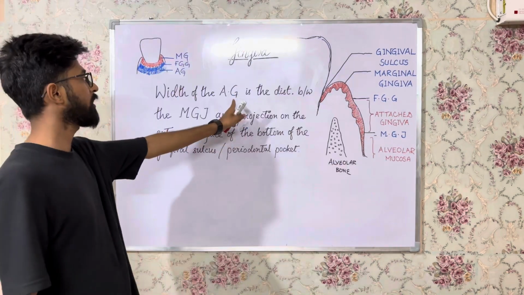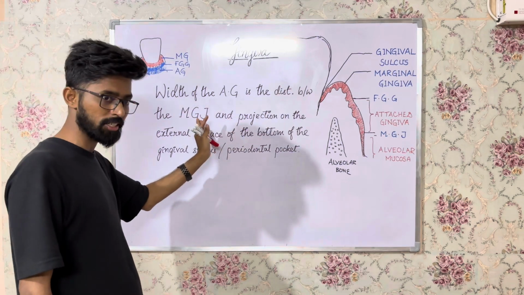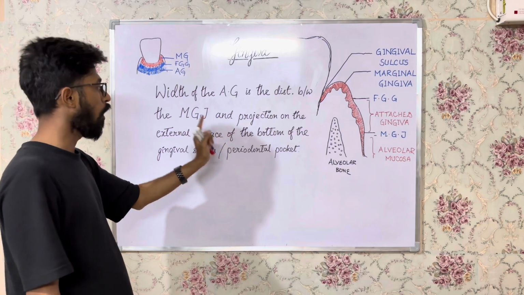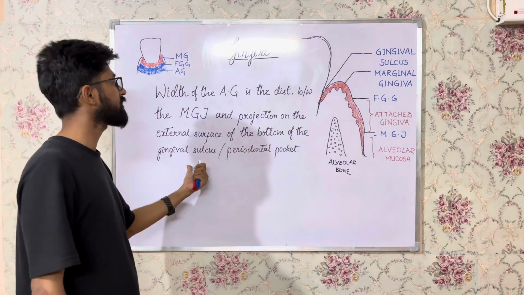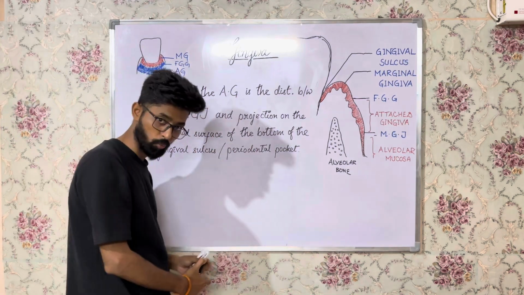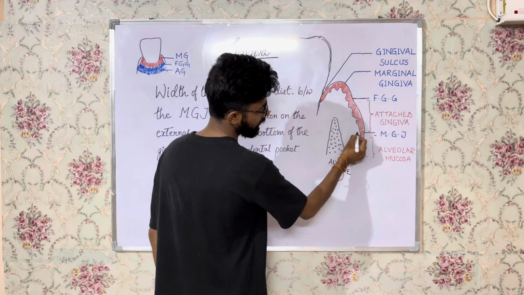The width of the attached gingiva is the distance between the mucogingival junction and the projection on the external surface of the bottom of the gingival sulcus or periodontal pocket. Now let's understand what this width is. This is the mucogingival junction. We mark it like this.